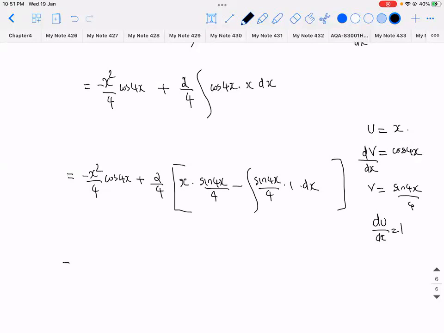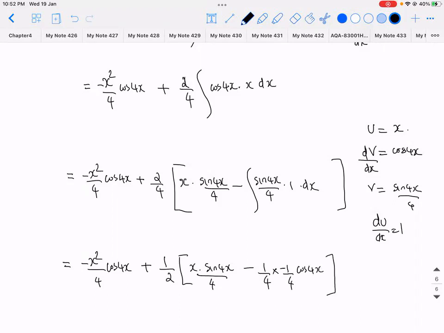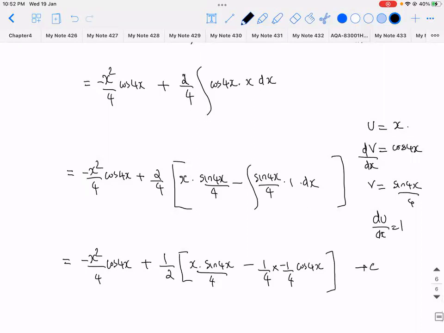So it eventually becomes minus x square by 4 cos 4x plus 2 by 4, which is 1 over 2, times x into sine 4x upon 4 minus 1 by 4, which is common. The integral of sine 4x is minus 1 by 4 cos 4x, and eventually plus c is there.